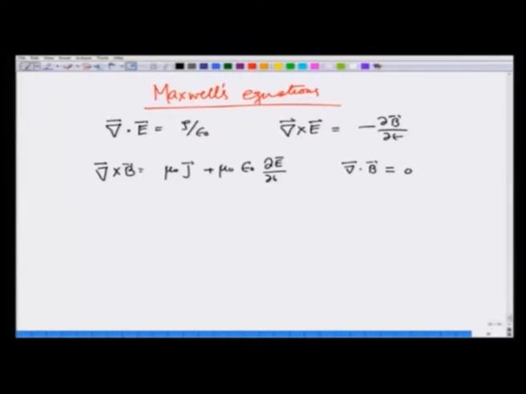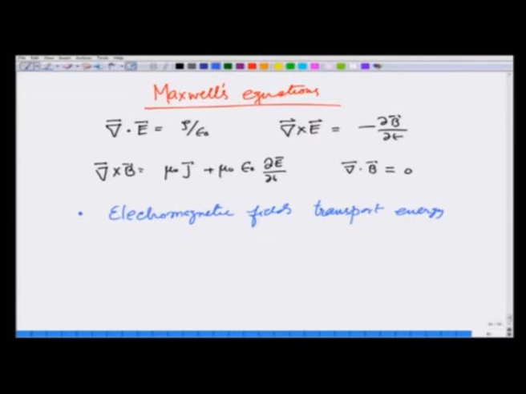What we want to use these now for is to show that number 1, the electromagnetic field, that means electric and magnetic field together, transport energy.